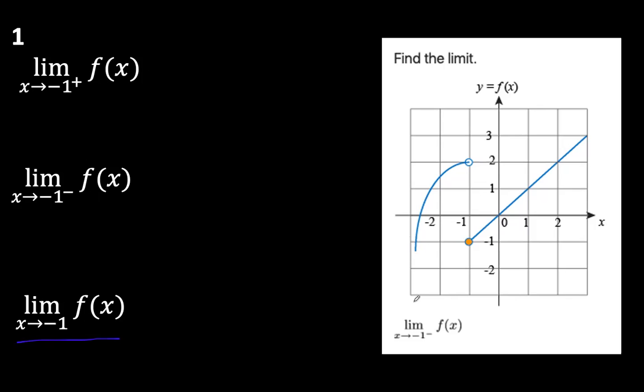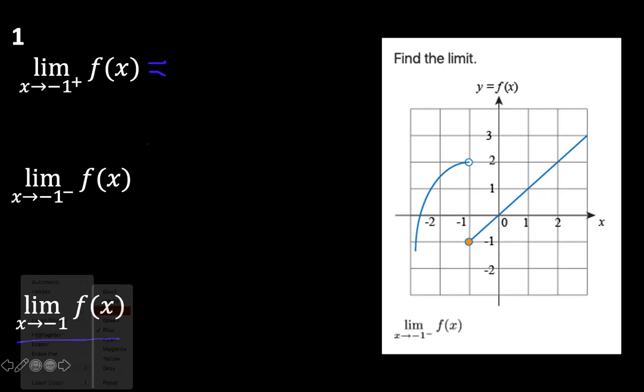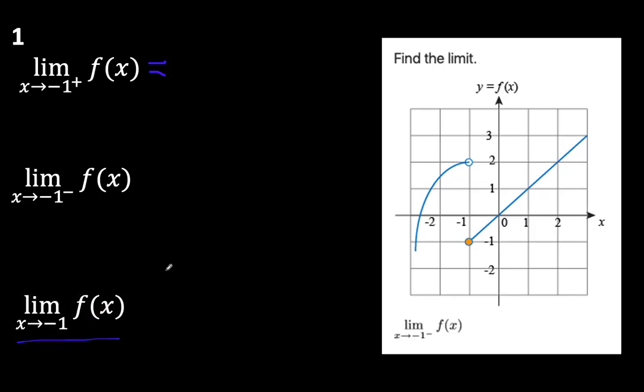So here, we're going to identify the limit first. Let me change the color of the pen. We have the limit of f of x as x approaches negative 1 from the right. Negative 1 is here, so from the right is here, right?